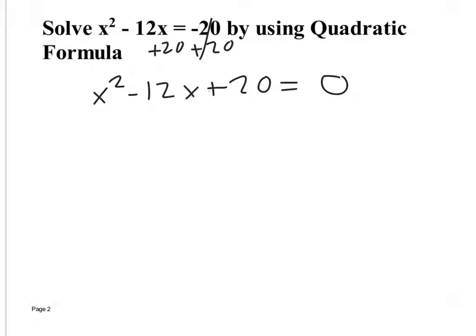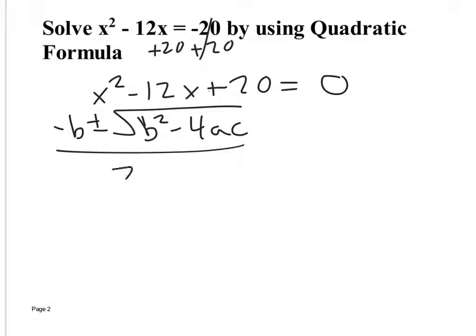And then really all you have to do is identify your a, your b, and your c and plug them into this formula. So the quadratic formula is negative b plus or minus the square root of b squared minus 4ac, all over 2a. You plug in all your numbers.